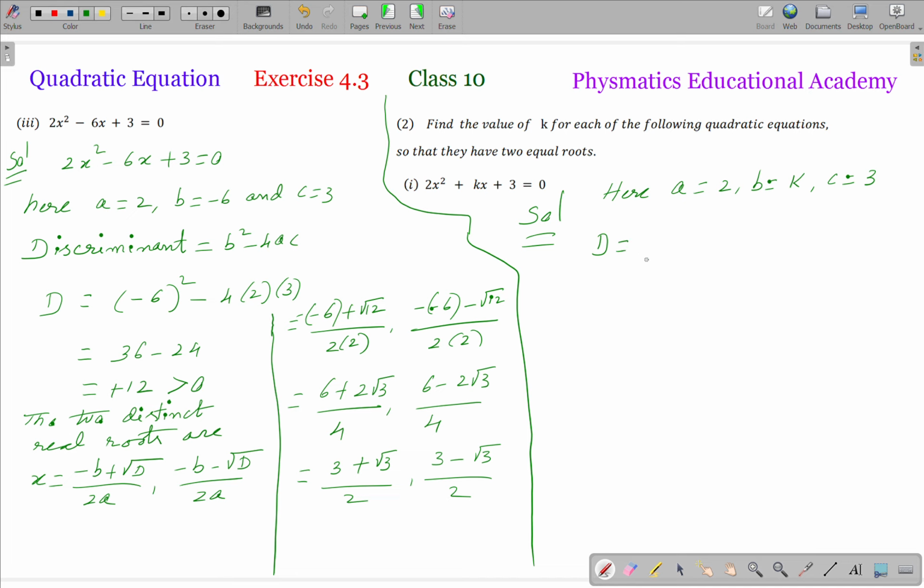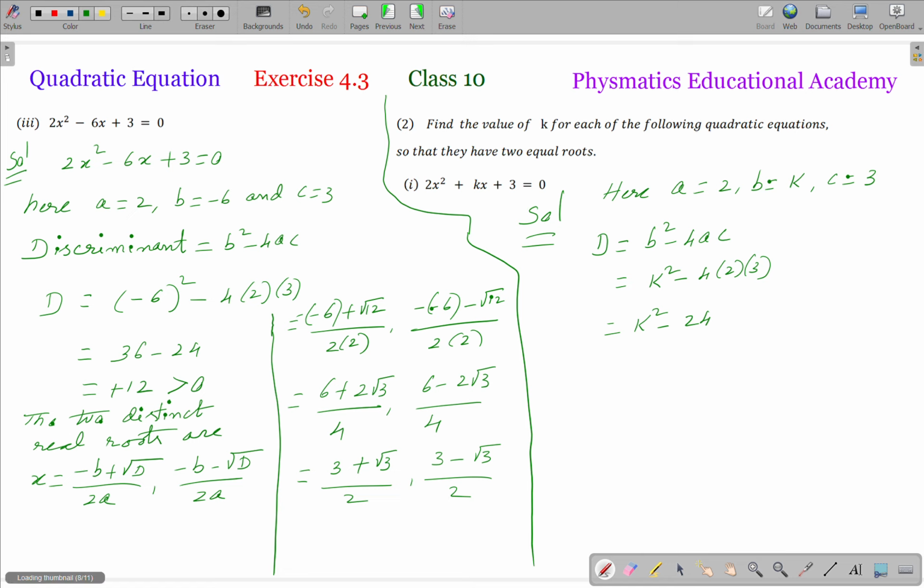Discriminant D is equal to b square minus 4ac, that is k square minus 4 into 2 into 3, that is k square minus 24.